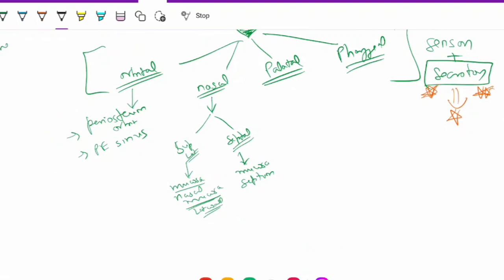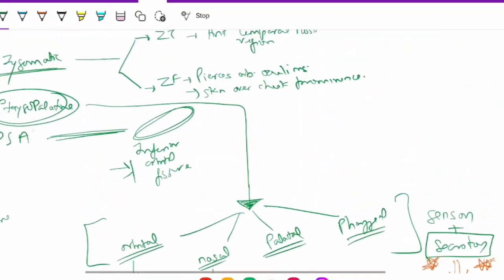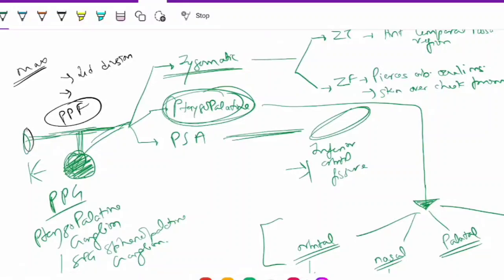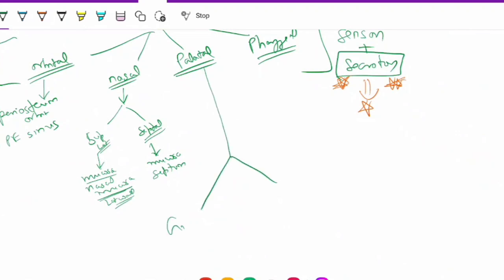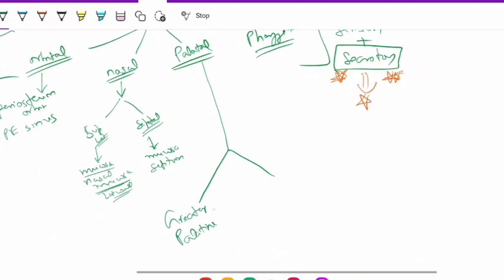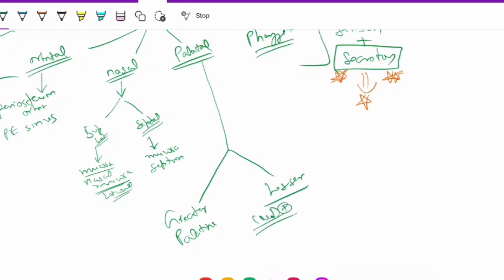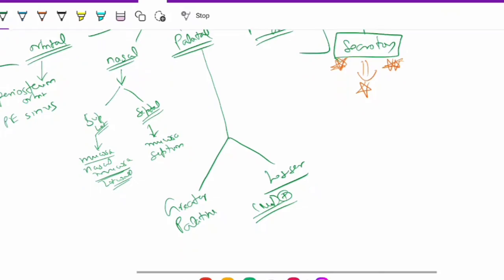Now we'll talk about the palatine. So, the palatal branch of the pterygopalatine nerve of the maxillary nerve. Palatal branch gives off two branches: the greater palatine, the famous greater palatine block branch, and the lesser. Some people say that there is a middle also, but that is highly unreliable.